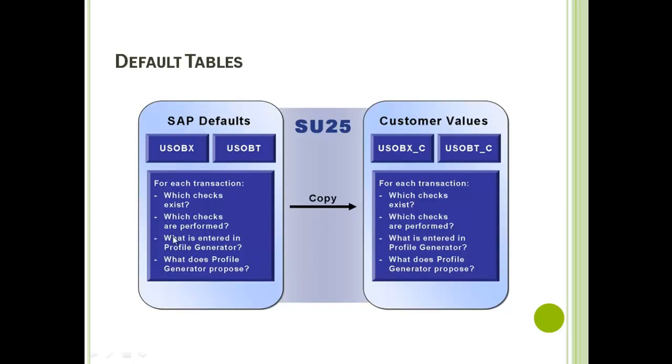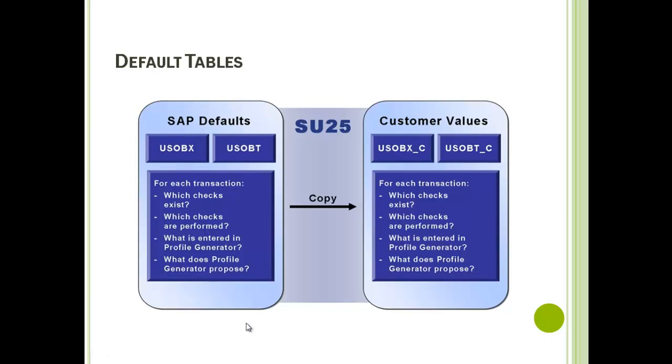So these two tables determine what is being checked during the execution of a particular transaction code. Also what are the authorization objects used in your profile generator, as well as what are the proposed values whenever you add a transaction code to your menu in the profile generator, or if you go to SU24 and check the proposed values. It all comes from these two tables.